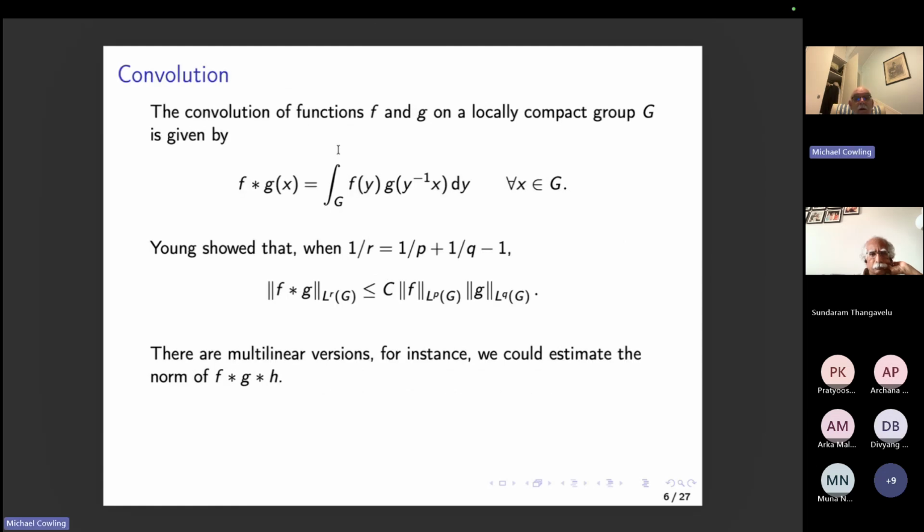So here's a more interesting inequality. The convolution of two functions on a group is just given by an integral. This is an integral that generalizes the standard integral on a Euclidean space, for instance.